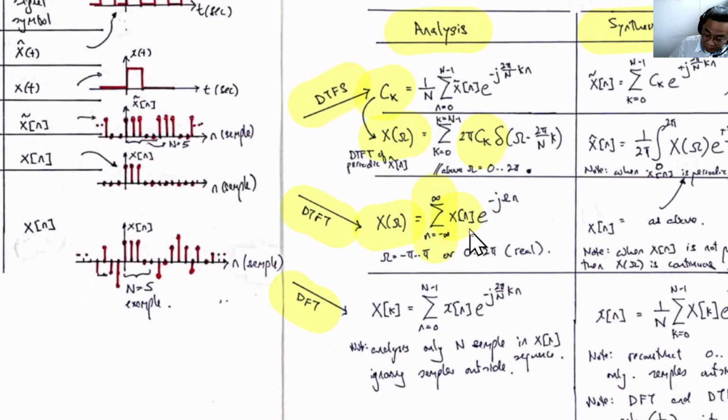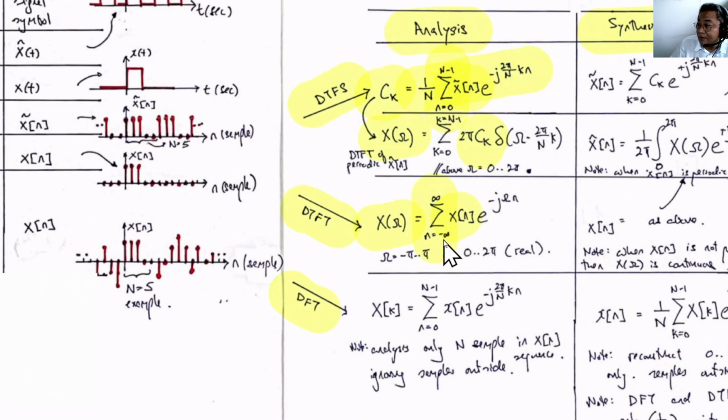And you will realize that if you try to apply this on a periodic signal, it will never converge. That is why when we find X of omega for a periodic signal, we have to use CK to help us. CK can be calculated because we are only using one period of the signal. So this is x of n for one period, and this is the equation to find CK only across one period, and therefore this value will exist.